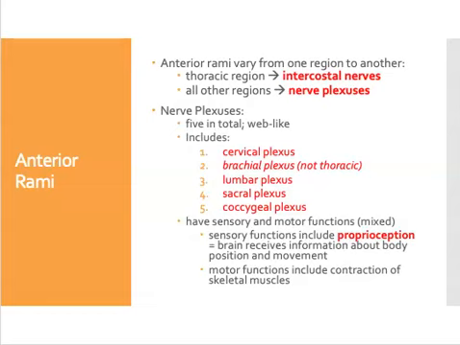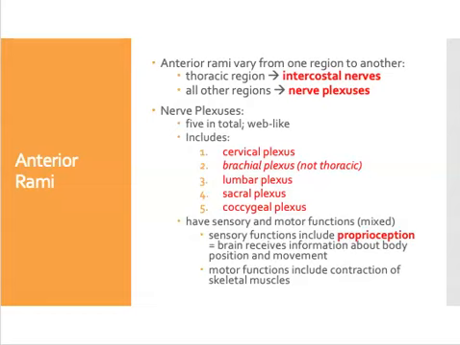Now, there are 5 of these plexuses in total, and when you look at them in a living body, at surgery, for example, it's amazing how they spray out, how they start as this individual anterior ramus and then immediately spread out into many, many individual branches.